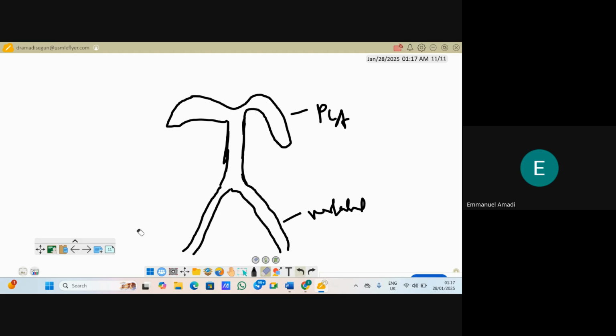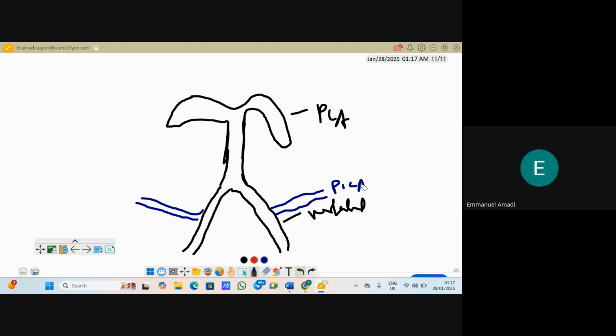The vertebral artery gives rise to two arteries, one on the outside, one on the inside. On the outside, it gives rise to this artery here. Let me put it on this other side. It gives rise to this blue artery here. The name of this blue artery is what we call the PICA.